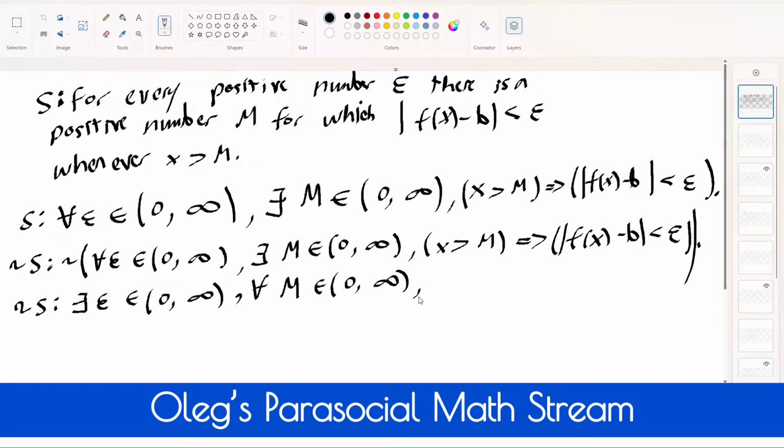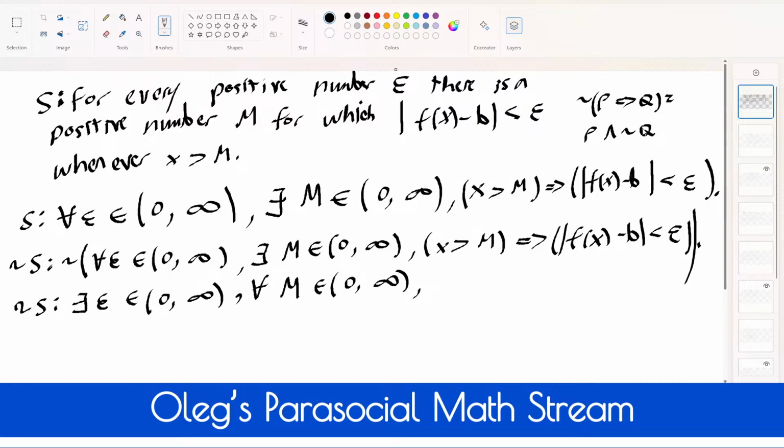And then, if you negate P implies Q, the result is that the negation of P implies Q is equal to P and not Q. Let me just double check that.